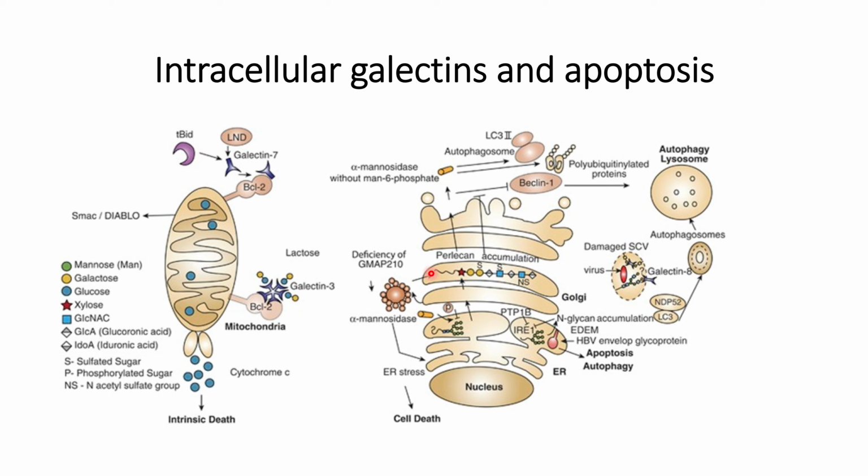In the case of extrinsic apoptosis, first we will understand the function of galectin 8. In contrast to galectin 3 and galectin 7, galectin 8 prevents the apoptosis of the cells. Whenever a damaged vacuole or vesicle containing virus enters the cytosol of the cells, galectin 8 interacts with this damaged SCV and helps in its repair.